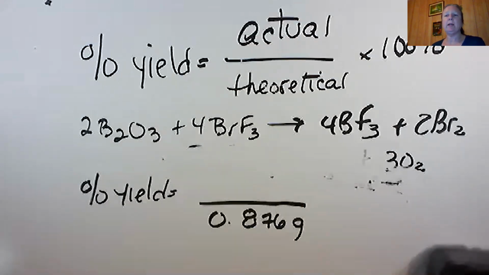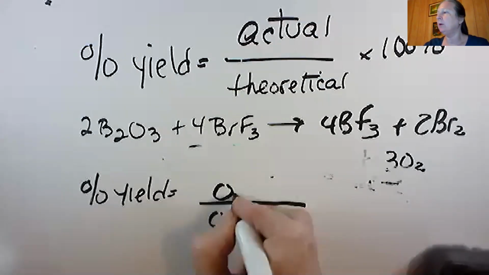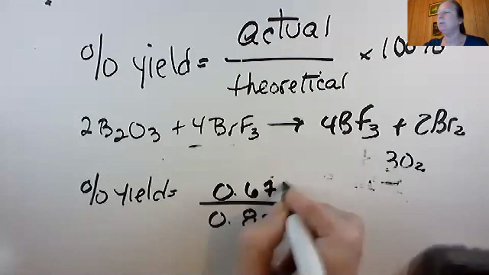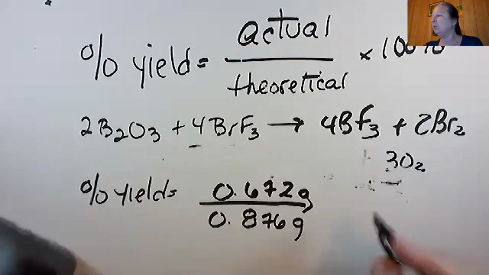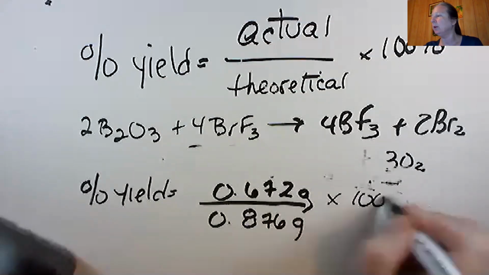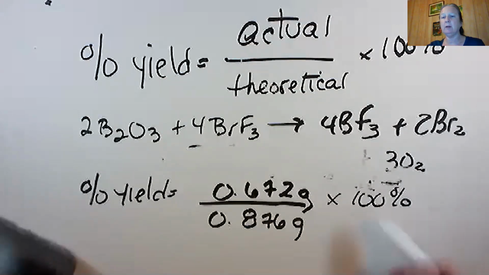You actually went into the lab though, and you did this experiment, and the mass of your final product was 0.672 grams. So you're going to calculate your percent yield. What percent of the theoretical did I get? Because it's percent, you have to multiply times 100%. Again, this does not count towards your sig figs.